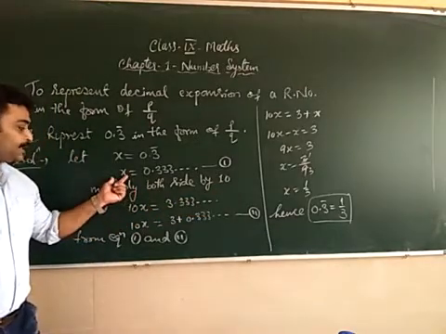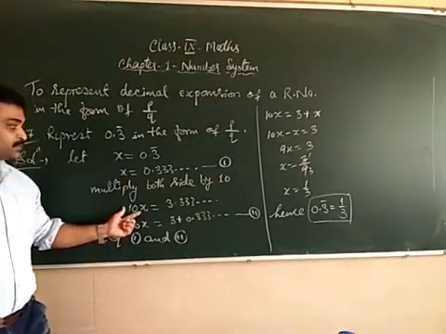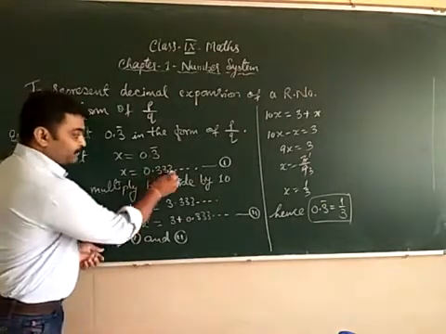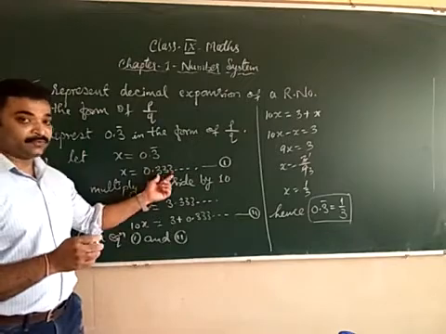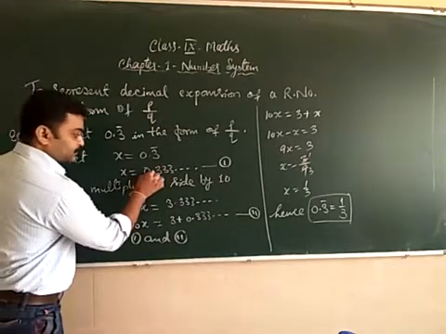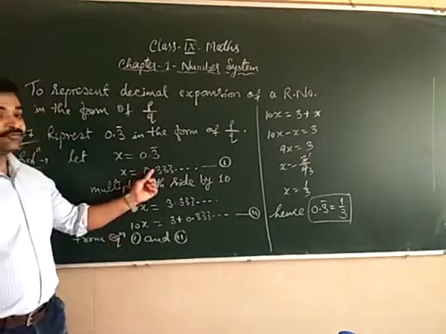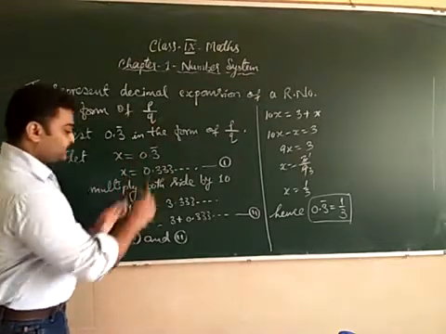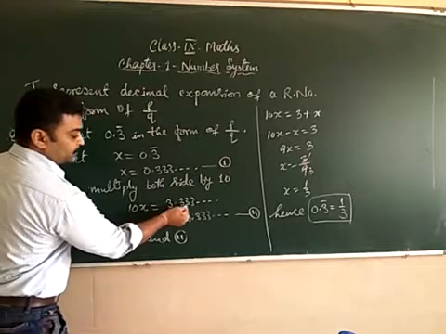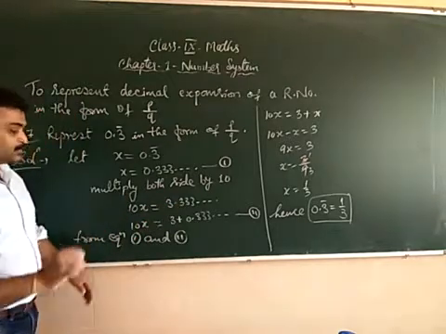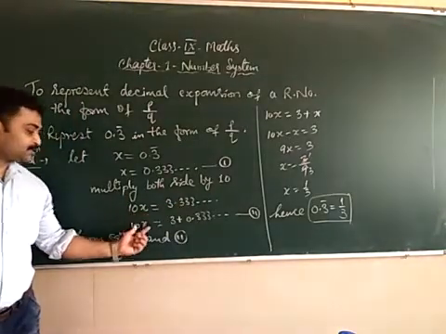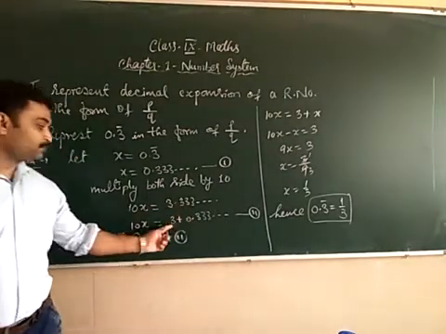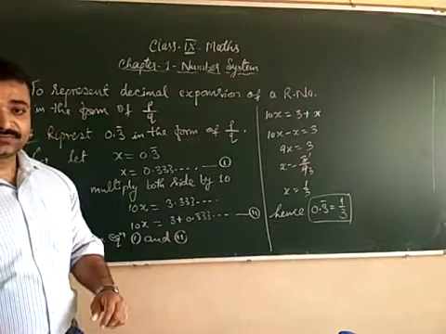What we get? x multiplied by 10, that is 10x. 0.333 multiplied by 10. When we multiply any decimal number by 10, the decimal will shift from left to right. So 10x is equal to 3.333. Now this 3.333 can be written as 3 plus 0.333.